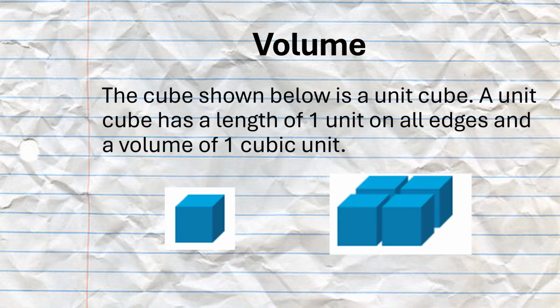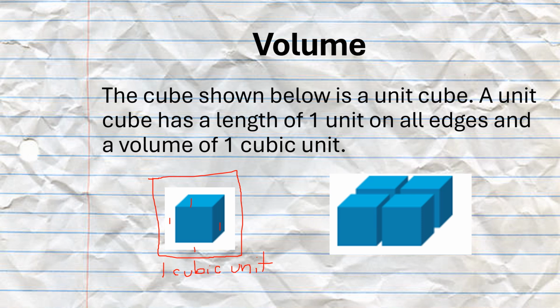Now imagine that you have this figure. The cube shown here is a unit cube, and a unit cube has a length of 1 unit on all edges. So 1, 1, 1, 1. And a volume of 1 cubic unit.